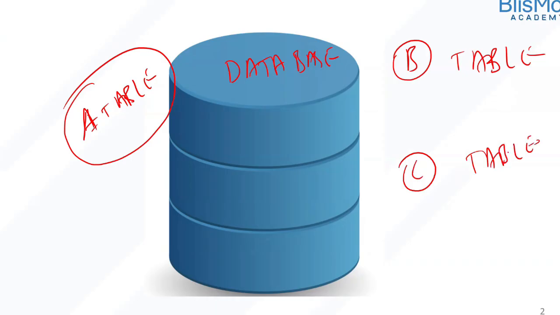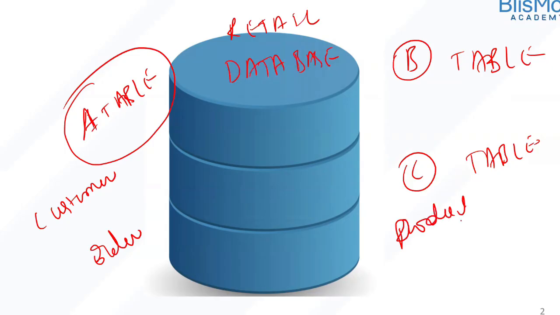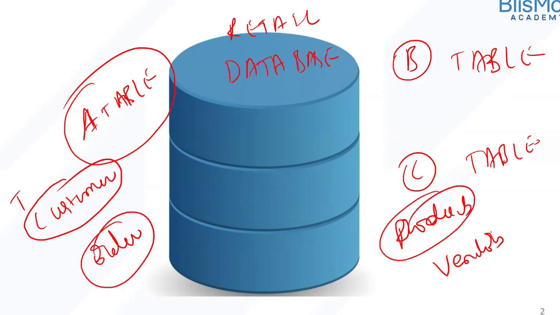So let us say if we are talking about the retail database, we may have a customer table, an order table, a products table, a vendors table. Within the customer table, there will be customer ID. So these are the different tables within the retail database.